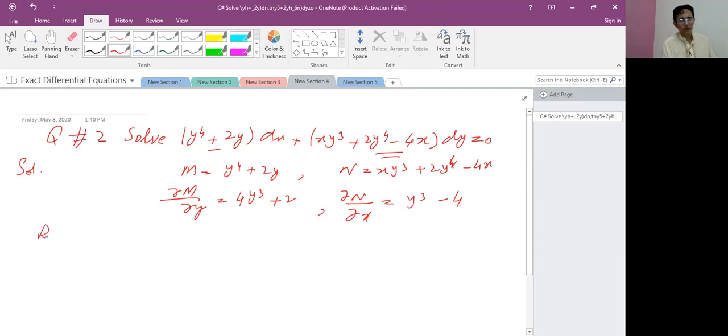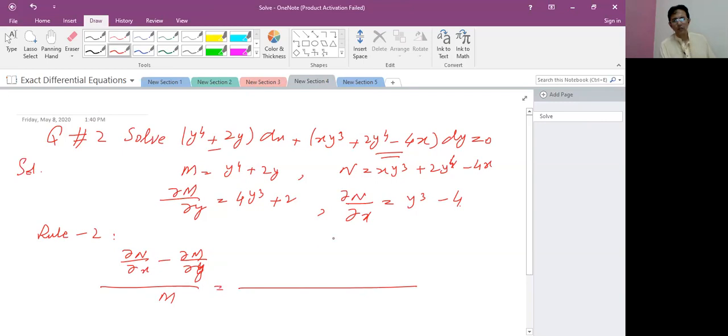So according to rule number 2, it is the partial derivative of n with respect to x minus the partial derivative of m with respect to y, whole divided by m.